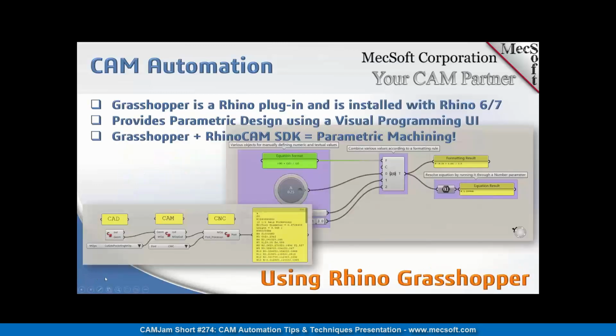Then we will talk about Grasshopper. For those of you who are not familiar with Grasshopper, Grasshopper is a Rhino plugin that is installed with Rhino 6 or 7. And by the way, the RhinoCAM SDK works also with Rhino 6 or 7. What Grasshopper does is it provides parametric design capabilities in Rhino using a visual programming user interface.